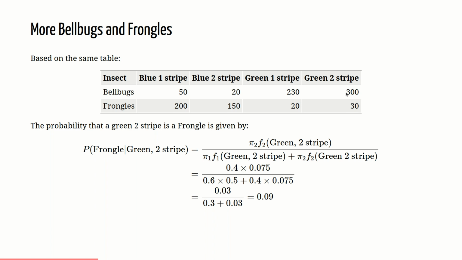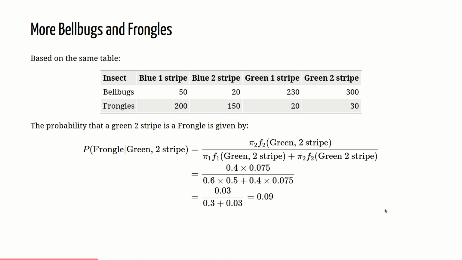And the probability that we're a green two-stripe, given that we're a bell bug, is 300 out of 600. So that's 0.5. And if you do the arithmetic, you get 0.09. Okay, so there's a 9% probability that if you observe a green two-stripe, that it's a frongal. So that means there's a 91% chance that that thing would be a bell bug.